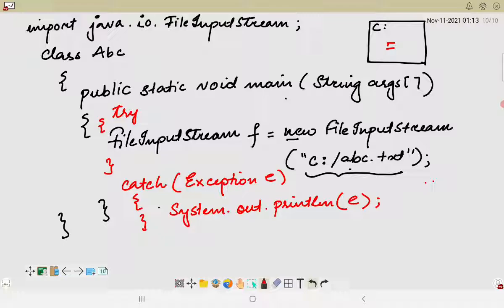If we are still not handling it, it will give us an error at runtime saying that an exception has occurred and the program will not be executed, right? Now this is a typical example of a checked exception or a compile time exception.